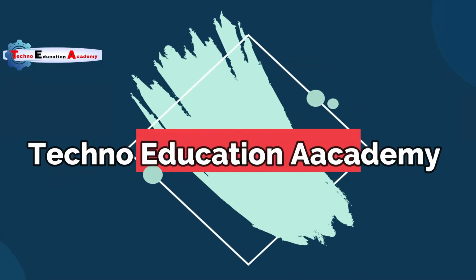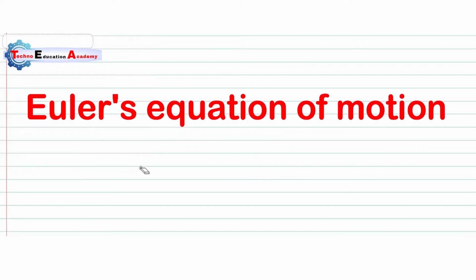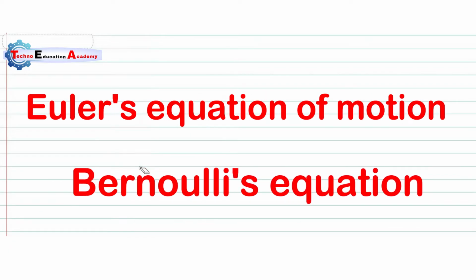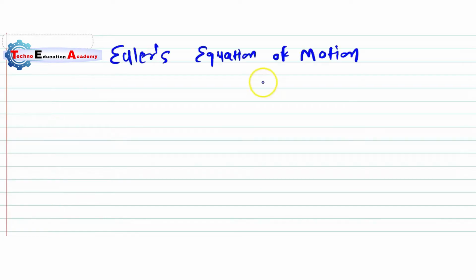In this video lecture, we will derive Euler's Equation of Motion and Bernoulli's equation. For that purpose, we require to think on the study of the motion of the fluid. For deriving this equation, we require to learn motion study of the fluid.